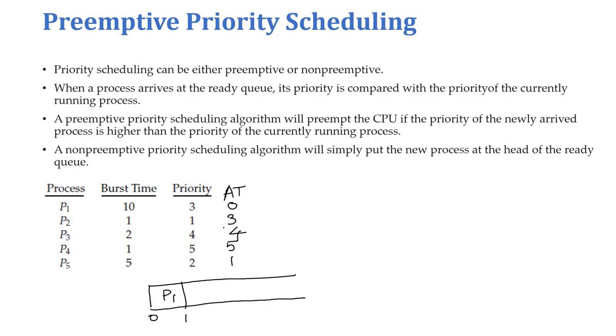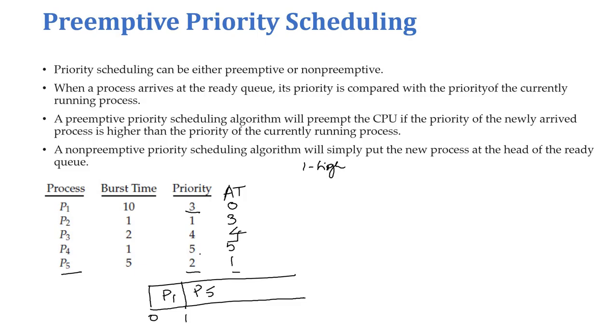At time 1, P5 arrived. Now we have to check the priority of P1 and P5 to see which one is the highest priority. As per our condition, 1 is the highest priority, so 2 is the higher priority here. So P1 is going to be preempted and the CPU is handed over to P5.